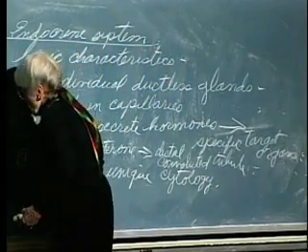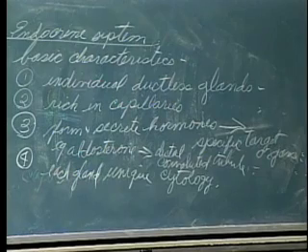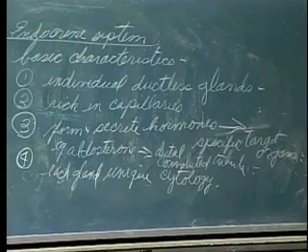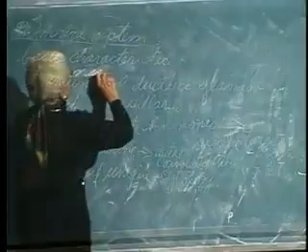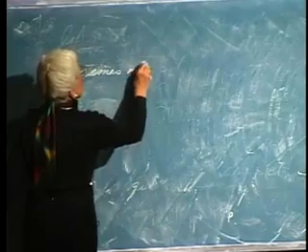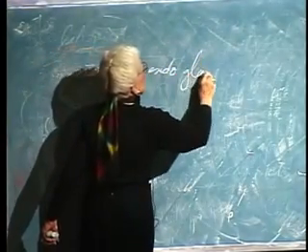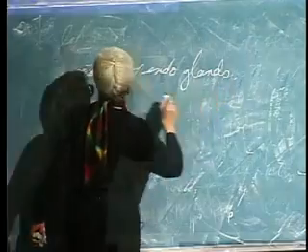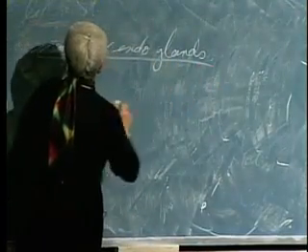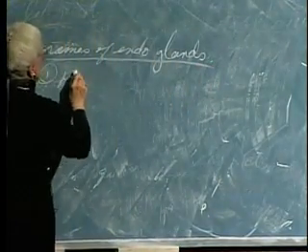So now, what are our endocrine glands? These you know. It's just a matter of putting them together in a unit. Names of endocrine glands. One we've already studied, the pineal gland.